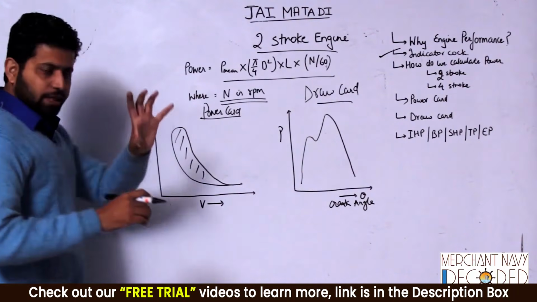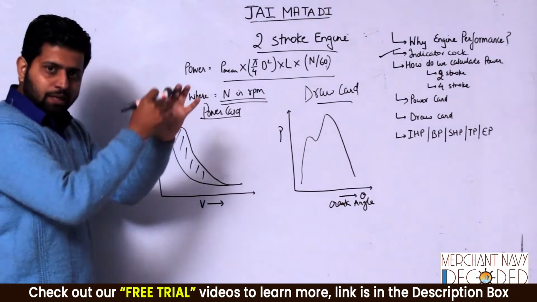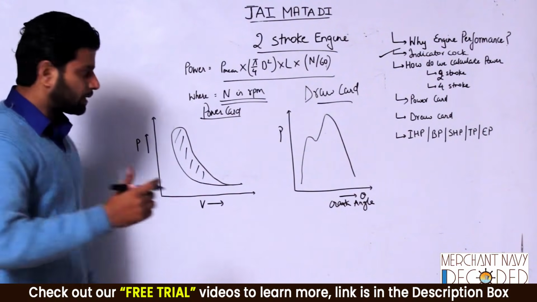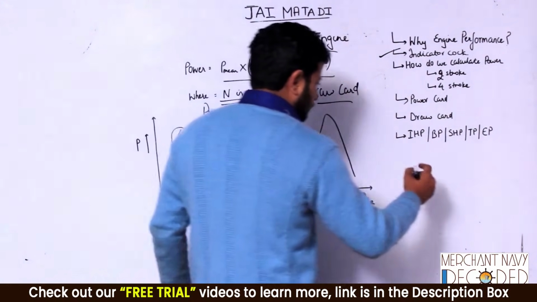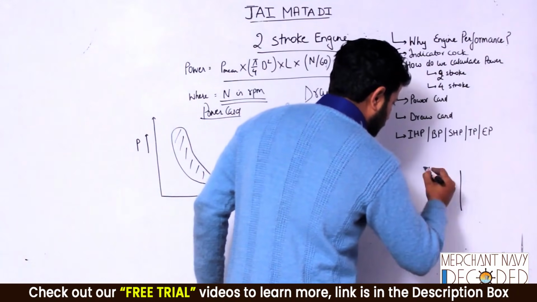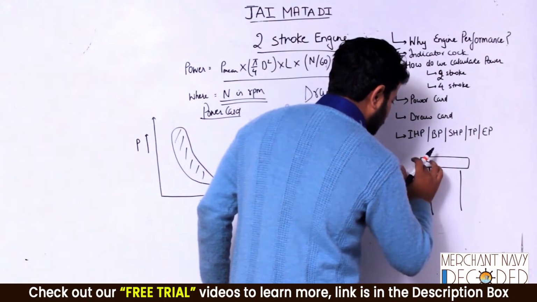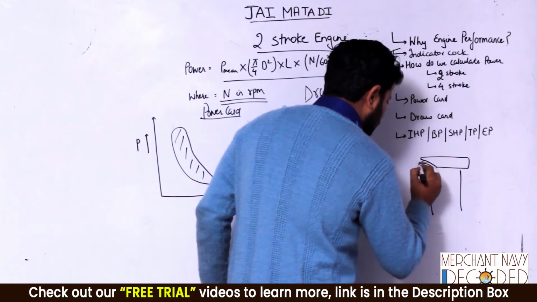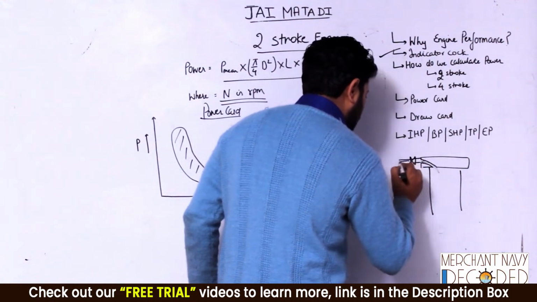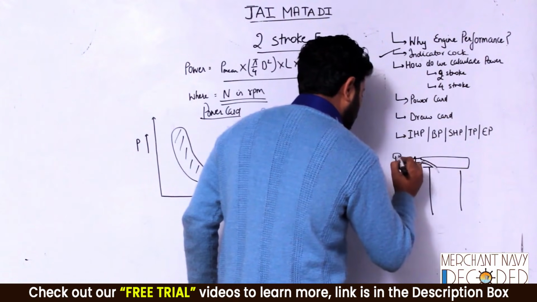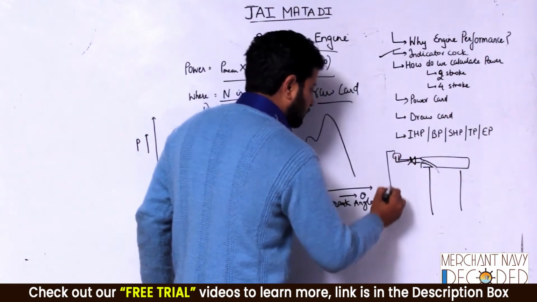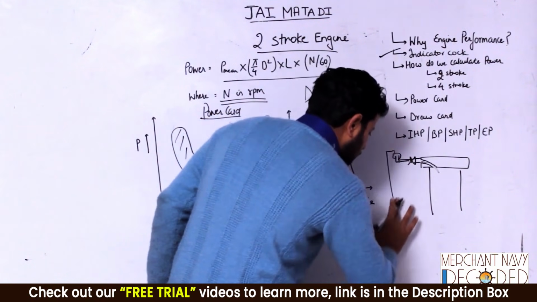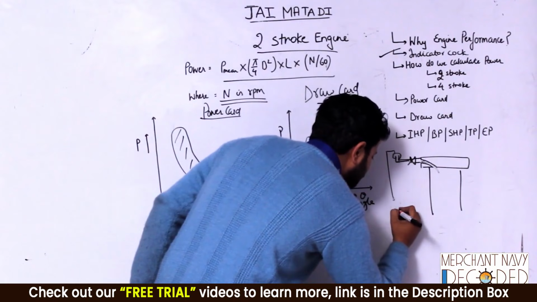Over here, your indicator instrument is connected to a cam below. It is a separate cam fitted. Say this is your engine, and this is your indicator cock. This indicator cock is connected to a separate cam.